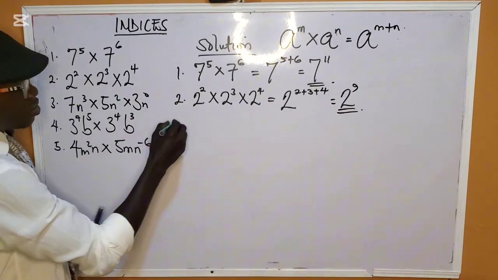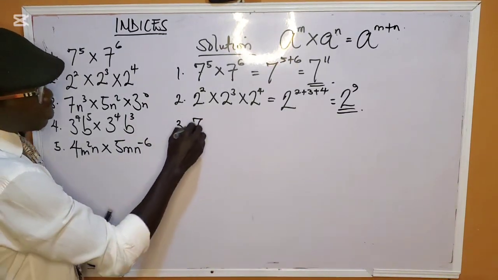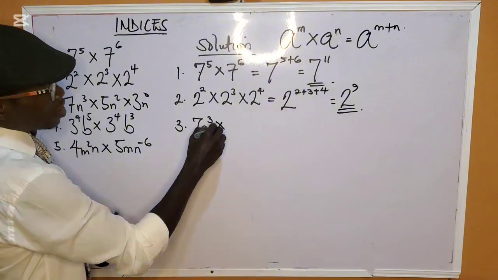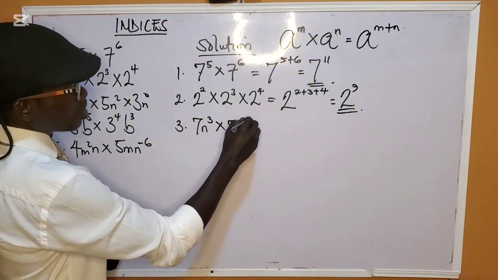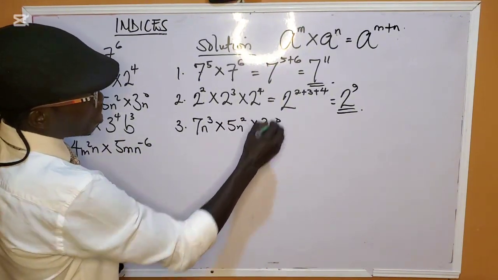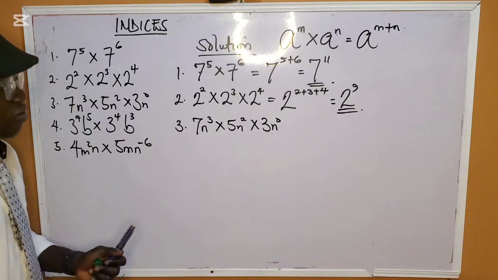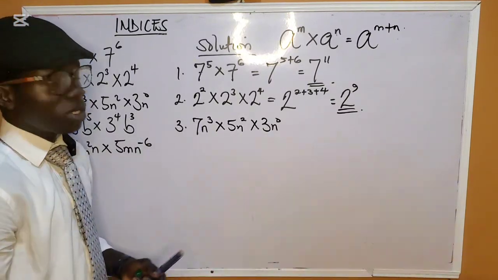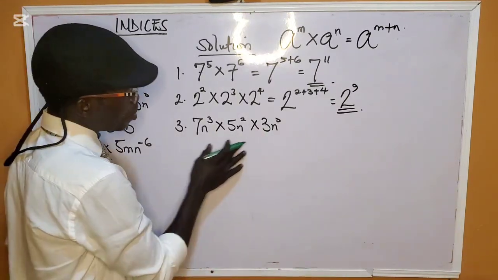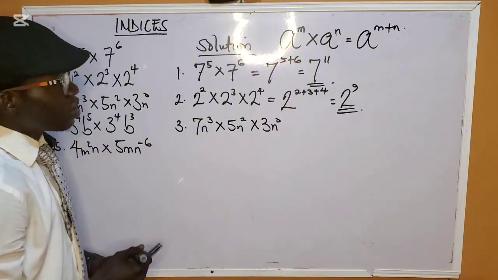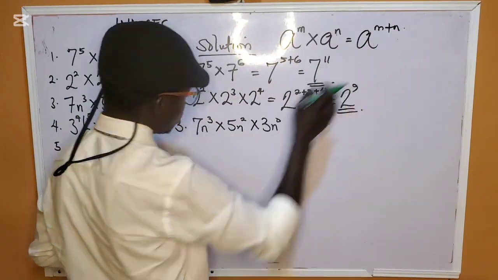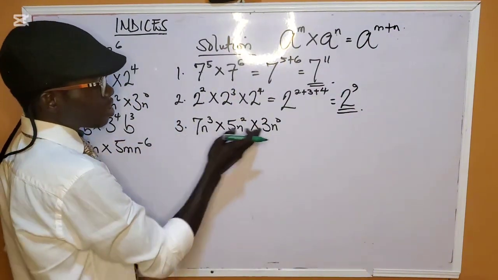The third question, which is number 3, 7n raised to the power of 3 multiplied by 5n squared multiplied by 3n raised to the power of 0. Now, we can solve this in 2 ways, but let's solve it using the normal method of multiplication rule. So we are having coefficients.